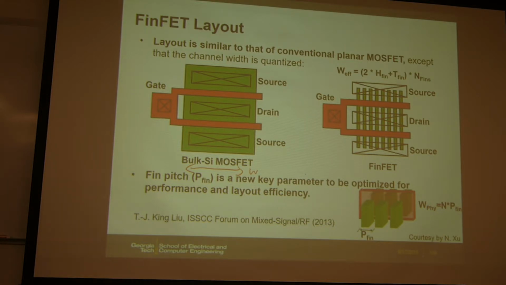And your W over L can be 1, 1.2, 1.5, 1.8. But for the FinFET layout, you look at the W. It's quantized because here you can only have an integer number of fins, right? You cannot have 1.5 fin. What does that mean? So the integer nature of the fin gives the quantized W.